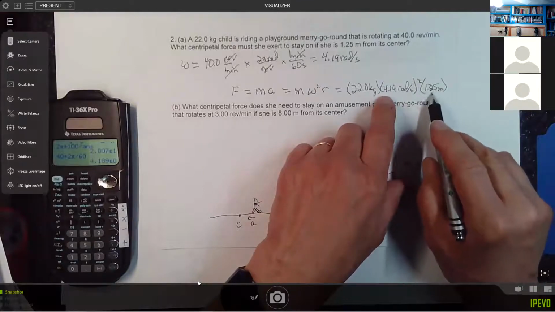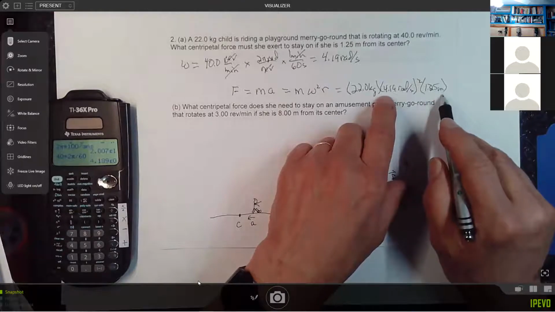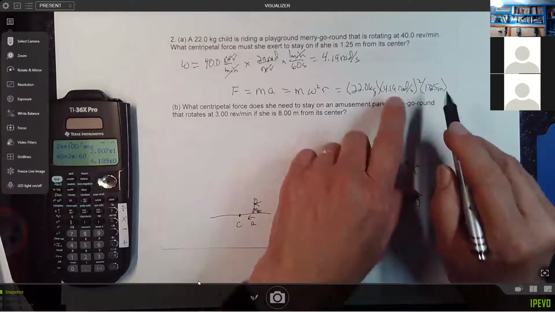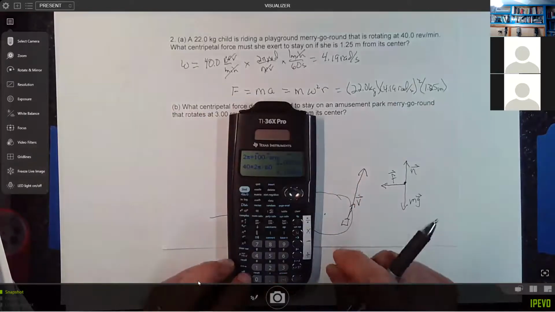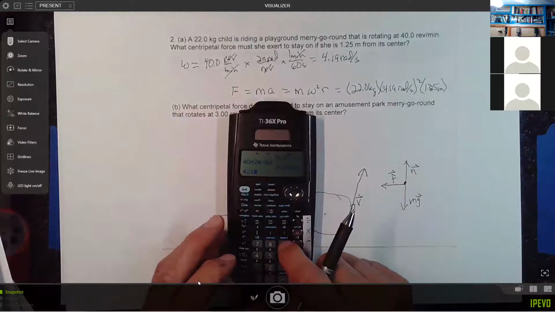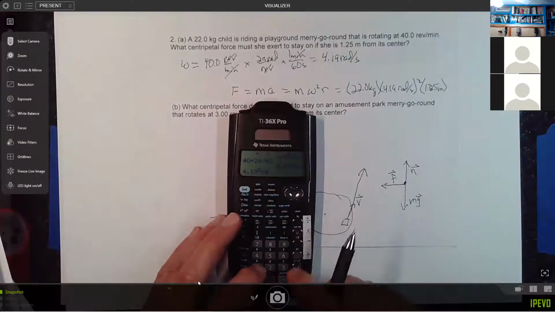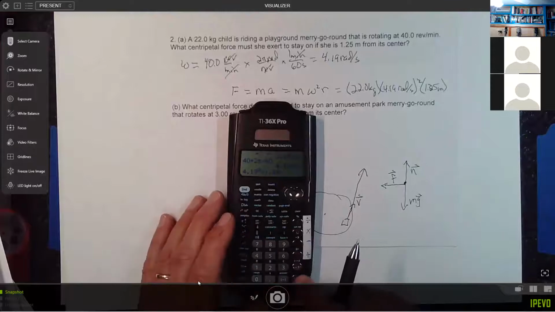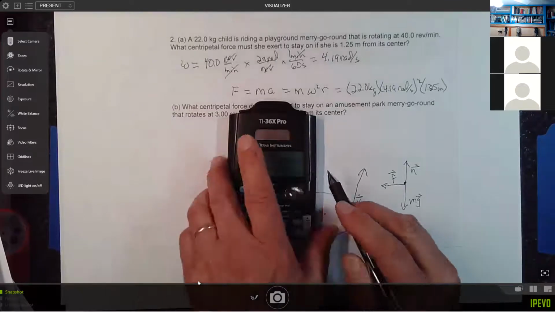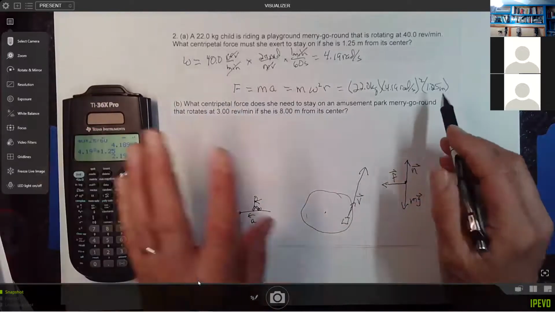Multiply that by 1 1/4, and you're going to be up past 20 meters per second squared. In fact, we can calculate it. Oh, I had 4.19 in there. Oh well. Square it times 1.25. And yeah, about 22.0 meters per second squared.